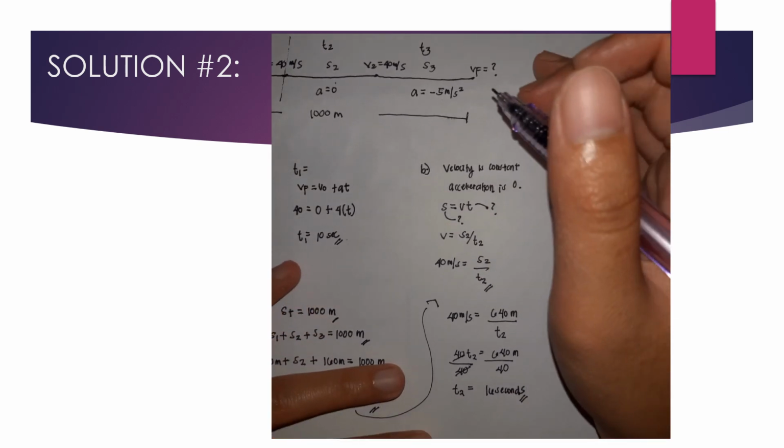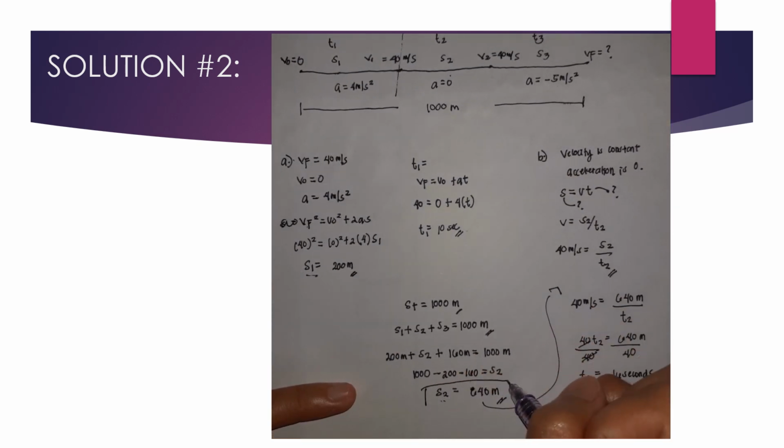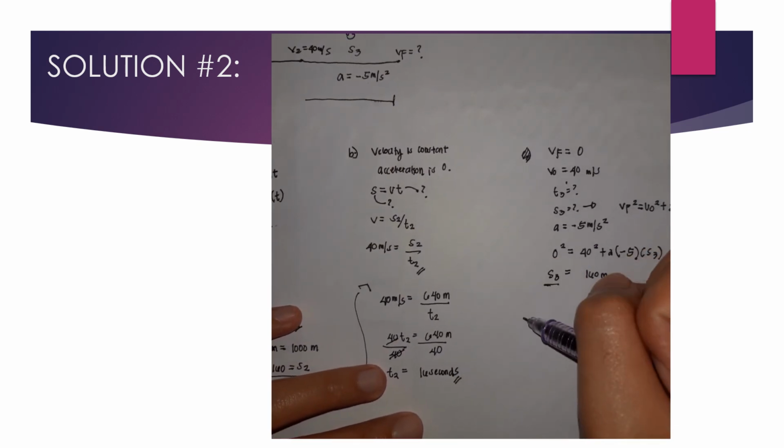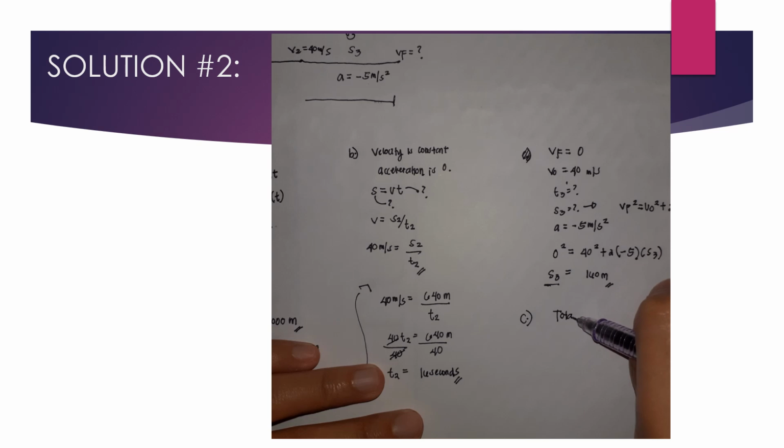Now we have our T2, and we have our T1. By the way, this is the answer to letter B, which is the distance traveled at constant speed.